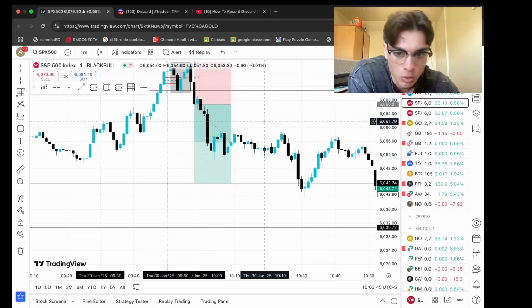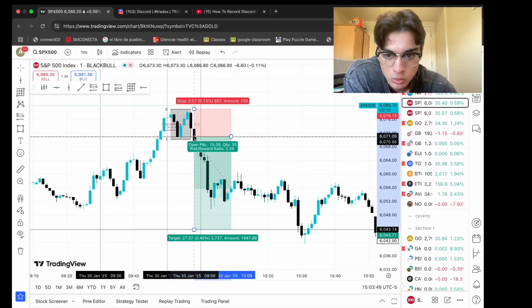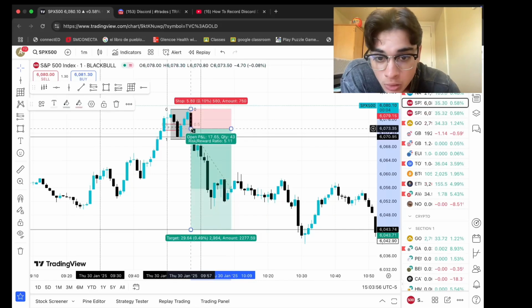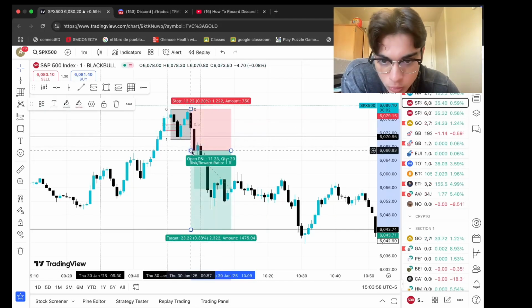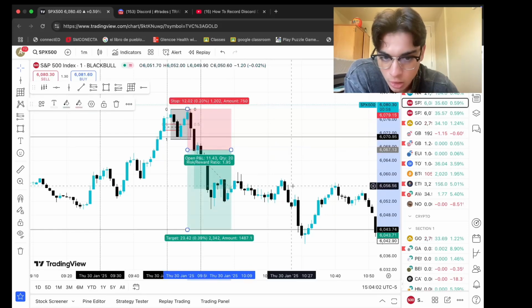So I would have taken a 1.87 RR, and if we would have had the guts to hold, we could have gotten a 5R. That's insane. But anyway, we would have gotten 1.9, 1.8 RR, which is still not bad.